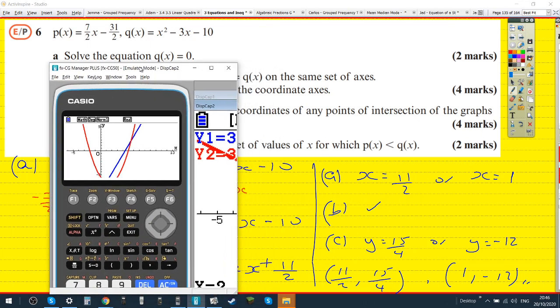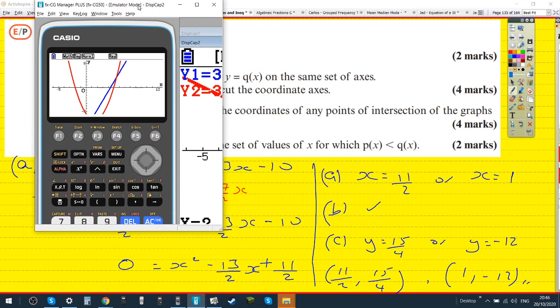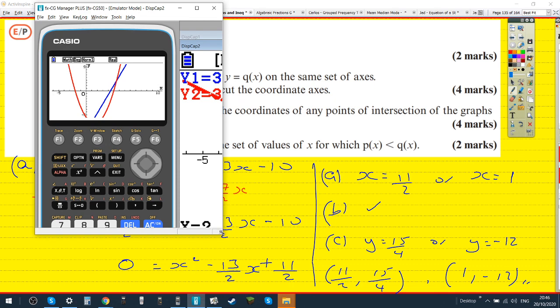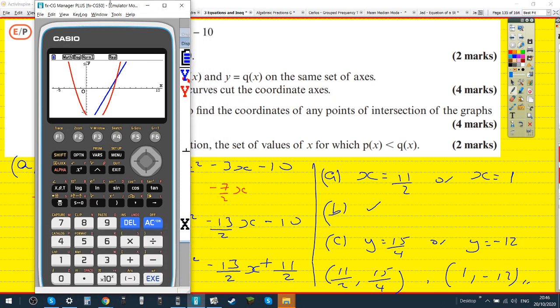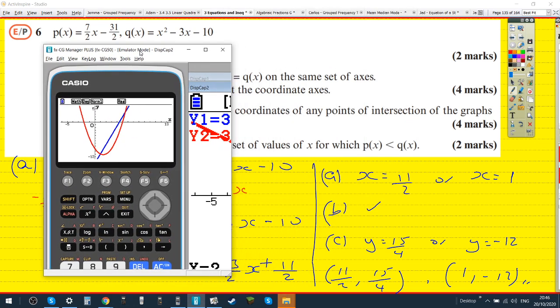We want question D. P of x is less than Q of x. No, I don't need to make that. I need to do it like that. Where is the P of x less than the Q of x?